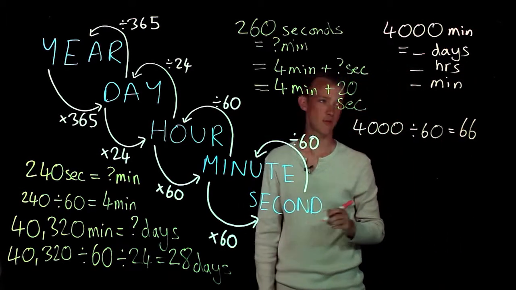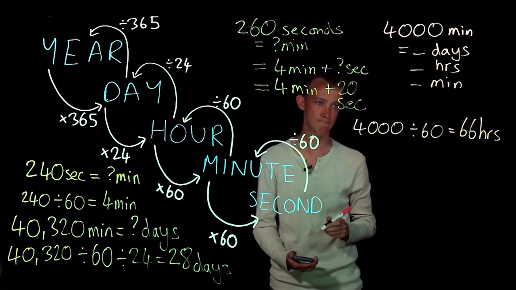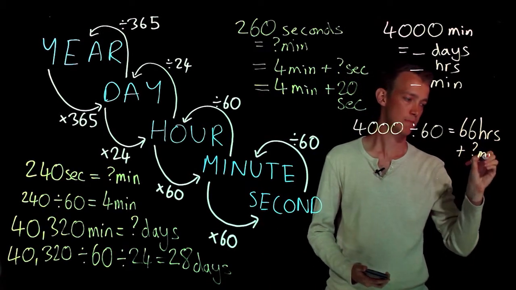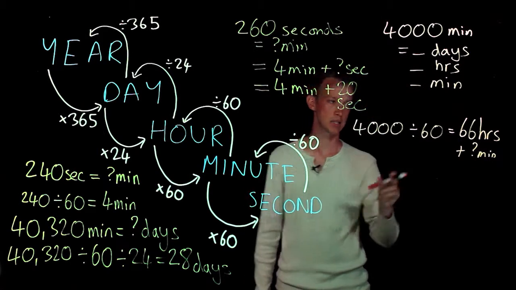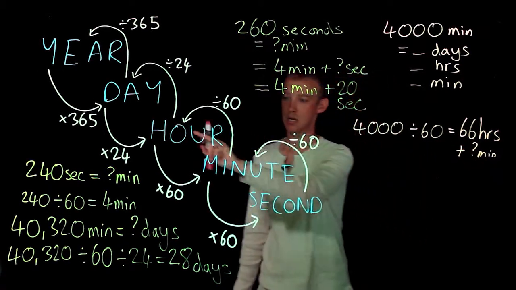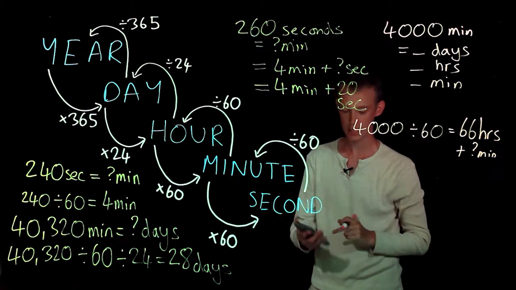Okay, so I've worked out I've got 66 hours, but again, I have a remainder on my calculator. So it's plus something else in minutes. Okay, let's work out what that is. Well, 66 hours, to work out what that is in minutes, I need to multiply by 60.